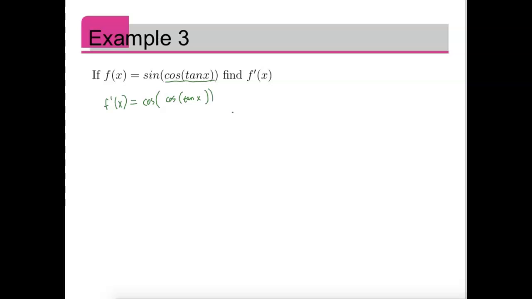Now, at that point, we want to multiply. So I'm going to say times the derivative of the next function in. The next function in is what I underlined there in green, right? So derivative of cosine of tangent of x.